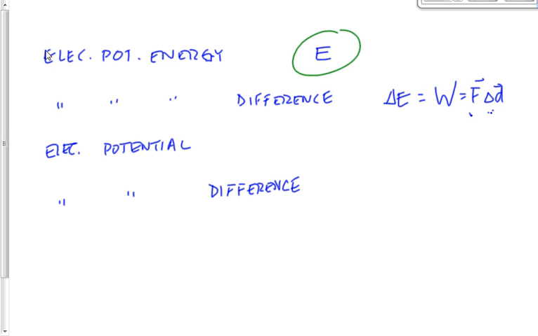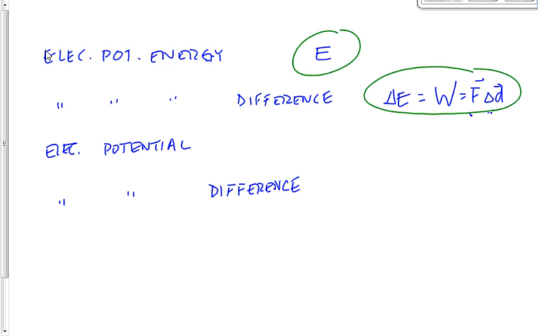Electric potential. If we go back to the analogy again, $346 and change between the two of us. Okay, that was the total energy between the two of us. The energy per person, or the money per person, was $173. Electric potential is analogous to the money per person, except it's not money per person, it's energy per charge, or energy per Coulomb.